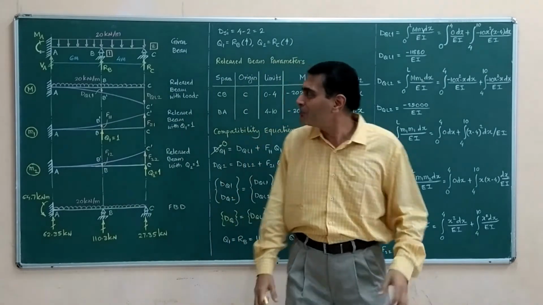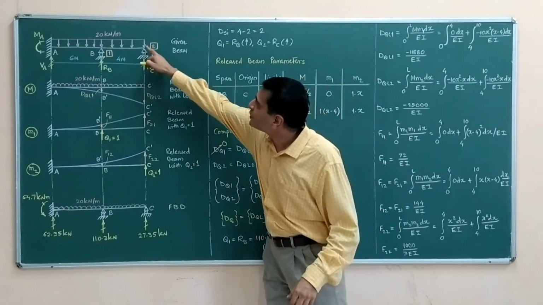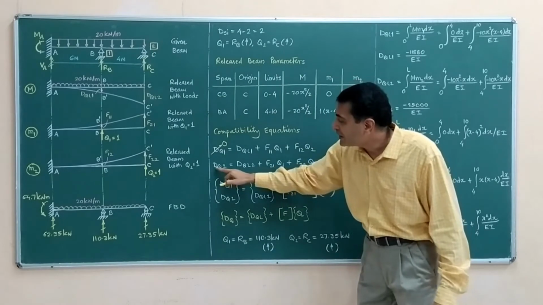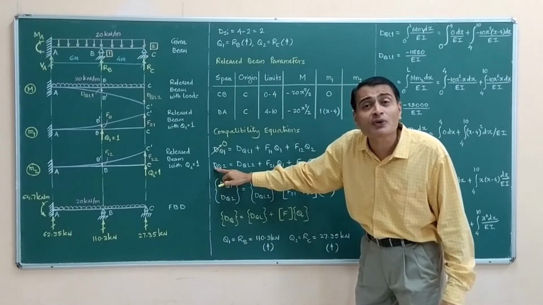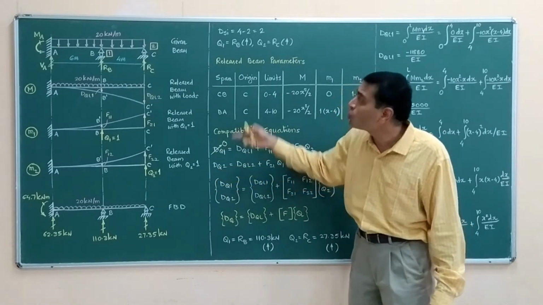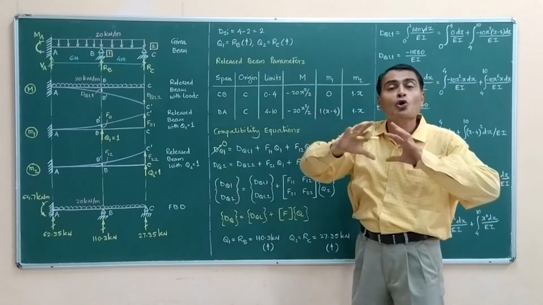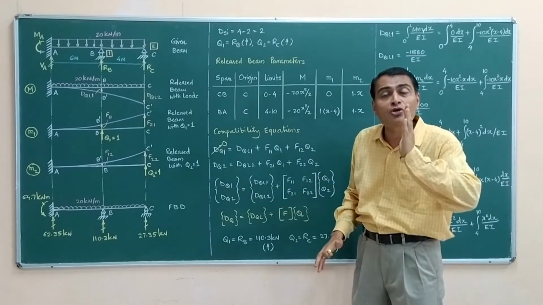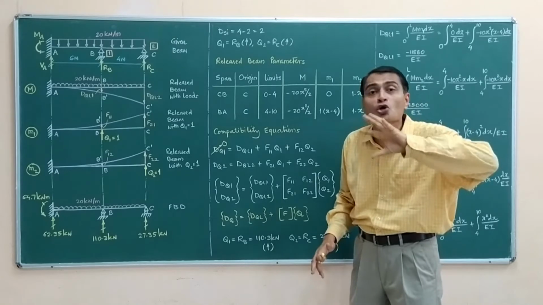Along the same lines, I will say this deflection, that is dq2, I have written here, it is displacement or deflection in original beam corresponding to Q2. Again, no sinking of support or anything is mentioned. Our focus is force redundant, so our focus is deflection, not slopes.